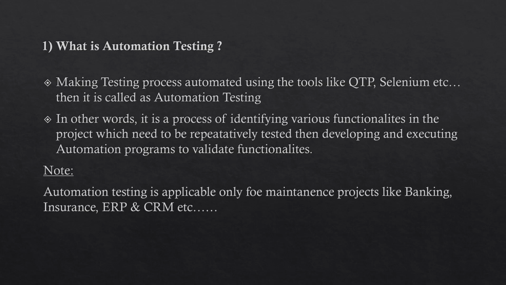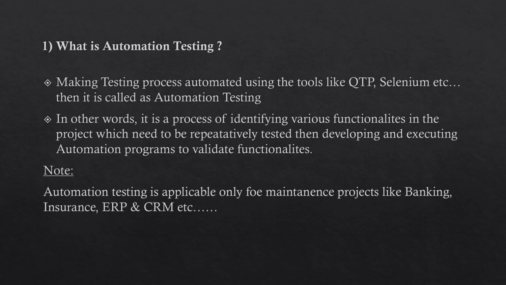In other words, it is a process of identifying various functionalities in the project which need to be repeatedly tested, then developing the scripts and executing the scripts to validate our application functionalities. Okay, this is called automation testing.